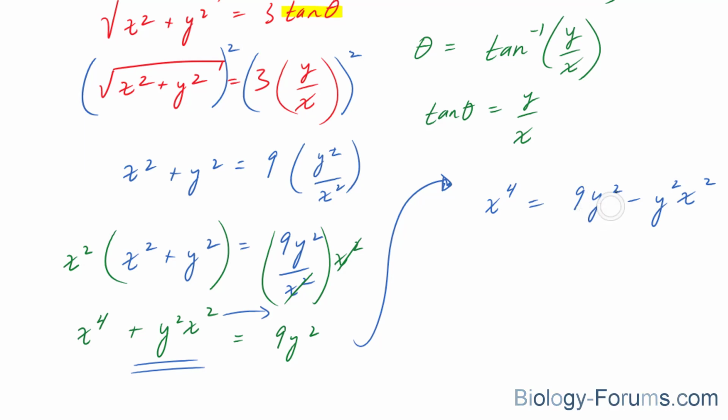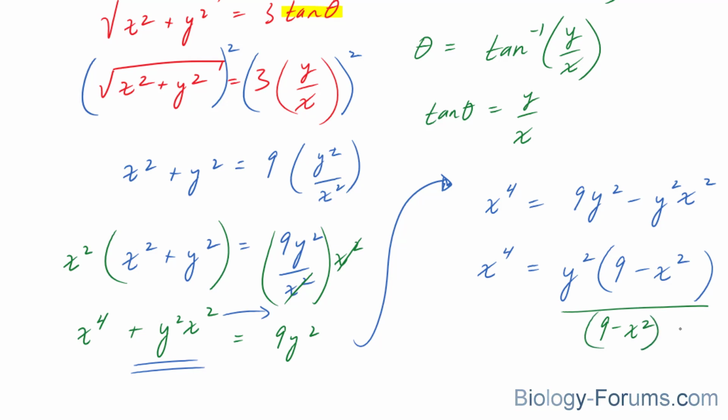And we will pull out this y squared from both of these terms to get 9 minus x squared, x to the power of 4 on the left side. And we still want to isolate for this y, so next we divide both sides by 9 minus x squared. This cancels out with this, and on the left side we end up with 9 minus x squared.